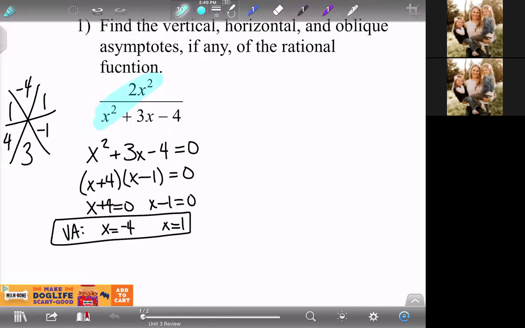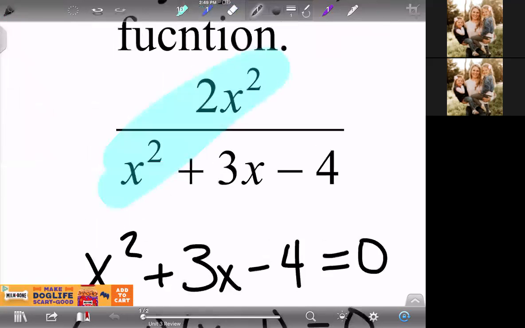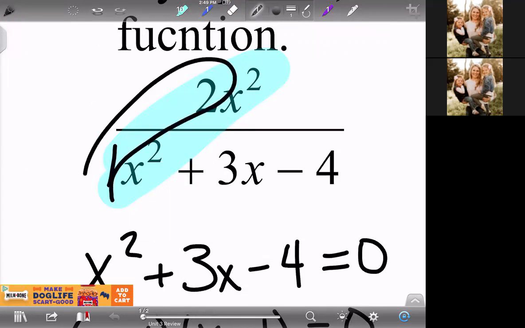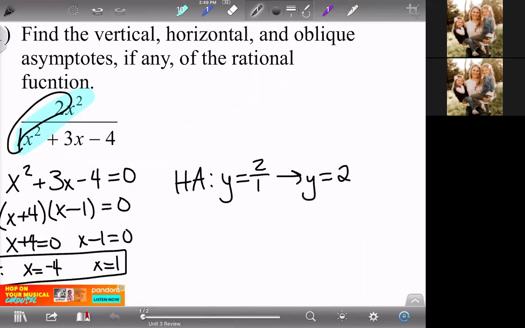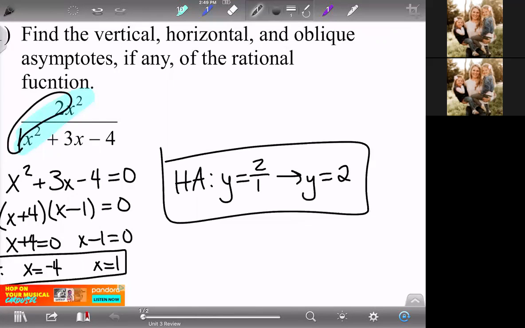So since the degrees are equal, we're going to make an equation with the leading coefficients. So in this case, our horizontal is going to be y equals, and then the fraction made with the leading coefficients, in this case 2/1, which is just y equals 2. And that's our horizontal.